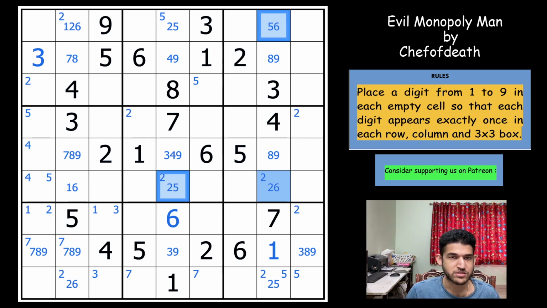So the digit which is common between the wing cells can be eliminated from the cell which is seeing both of those cells. So you can eliminate 5 from here.